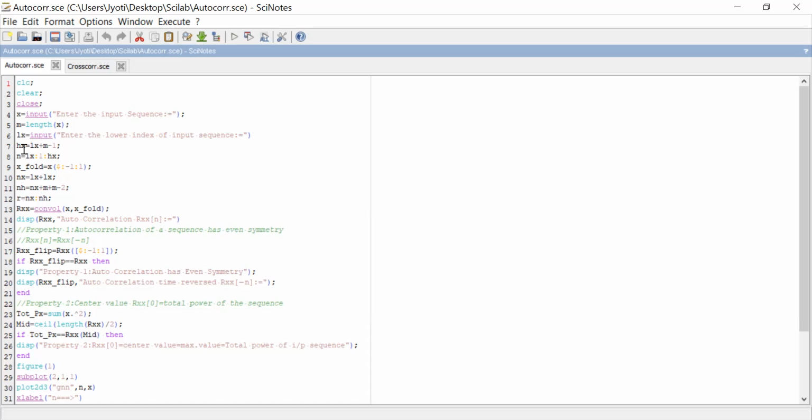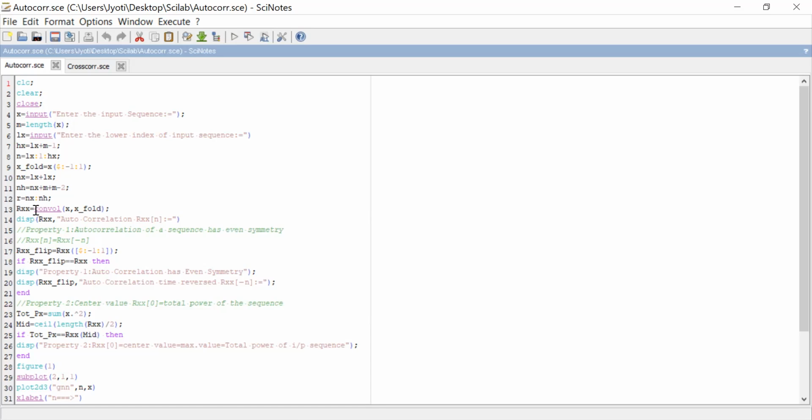Here n stores the starting and ending values of the input sequence, and r stores the starting and ending values of the output sequence.